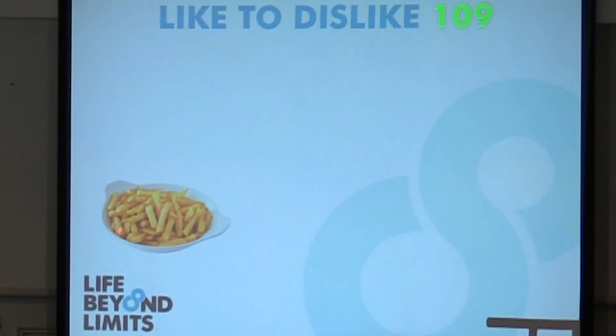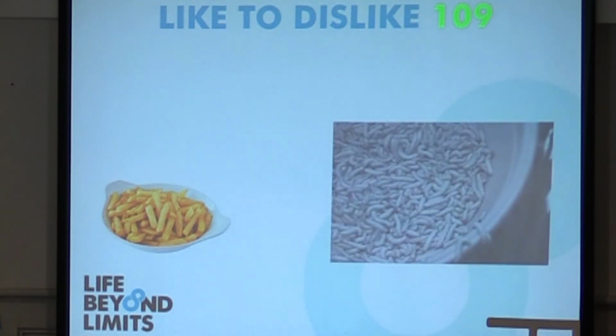So basically, this is what the process actually looks like. So we get something that we don't want to eat, and let's say that's the first picture that comes up when we think of French fries or chips. And then what we do is we come up with another picture, and maybe it's maggots or something along those lines. But here is the important point and the distinction.